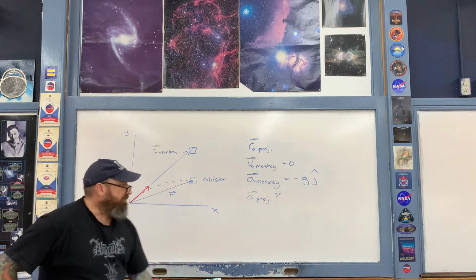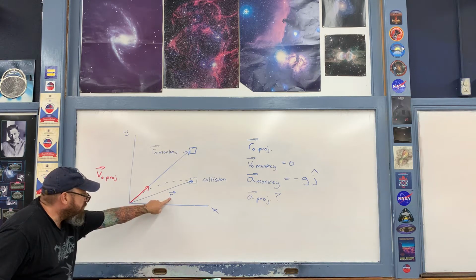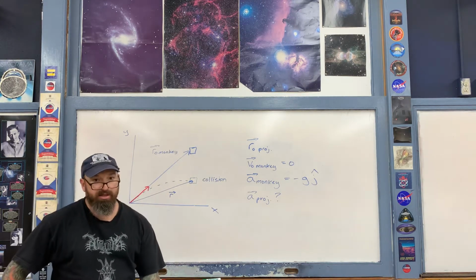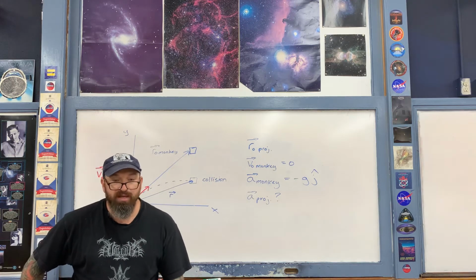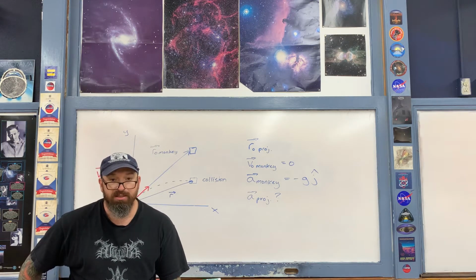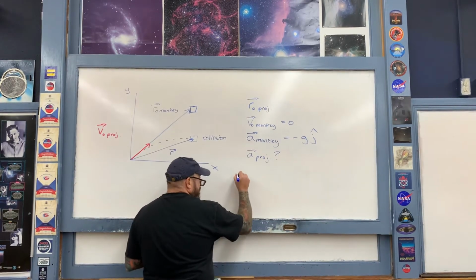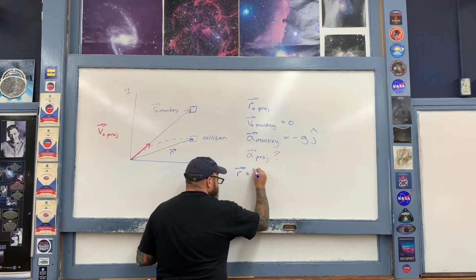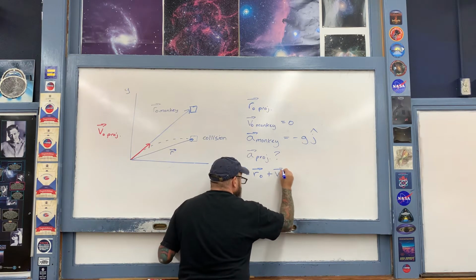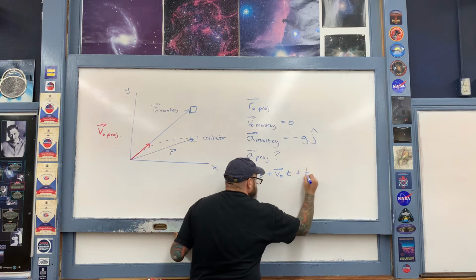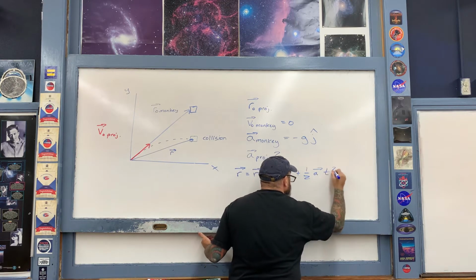Okay, now how do I proceed? Well, what I'm going to do first of all is just write down the position equation r for constant acceleration. It's the same equation that we saw back in Chapter 2 for one-dimensional cases. Here's how we would write this out, however, for this two-dimensional case. Final position r equals initial position plus initial velocity times time plus 1/2 times the acceleration times t squared.